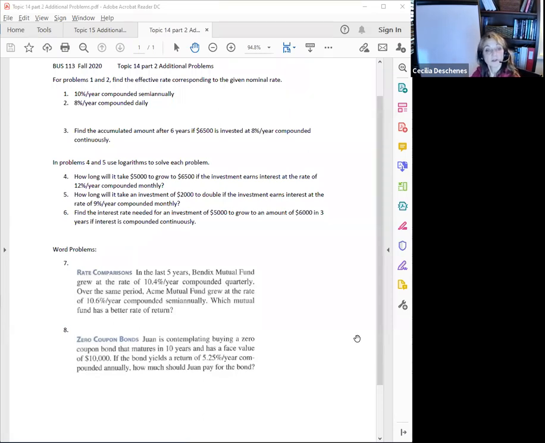If the bond yields a return of 5.25 per year compounded annually, how much should Juan pay for the bond? So the 0 coupon bonds just gives you an amount back. So by the face value, it means that he's going to get 10,000.